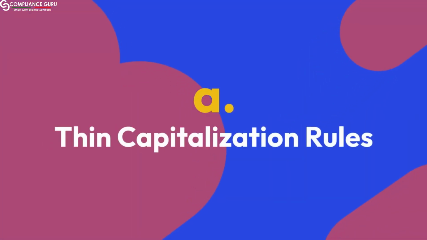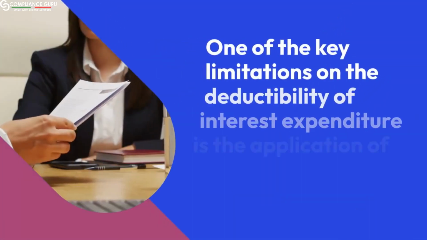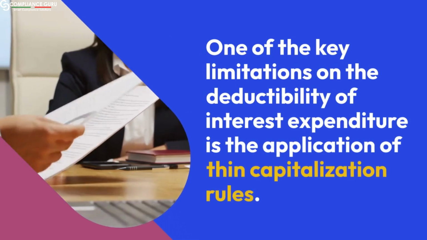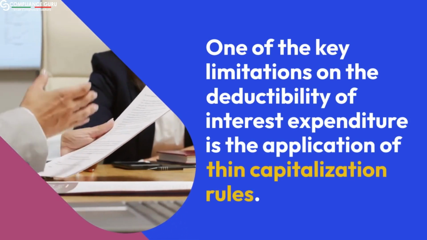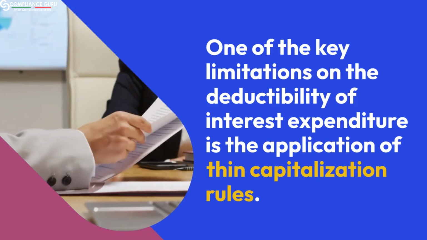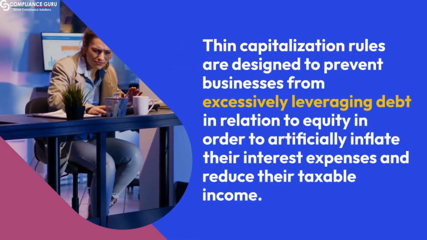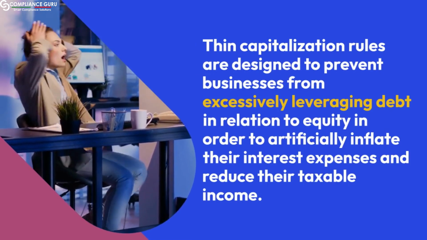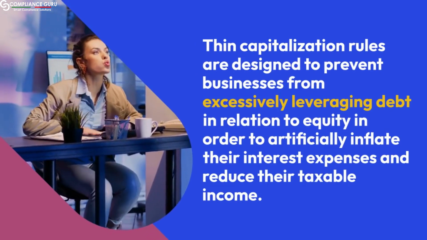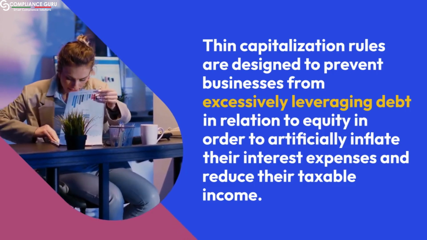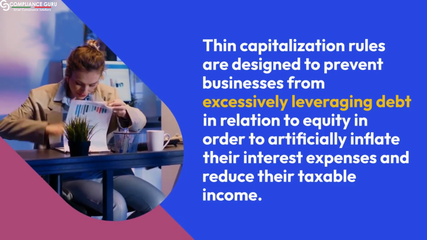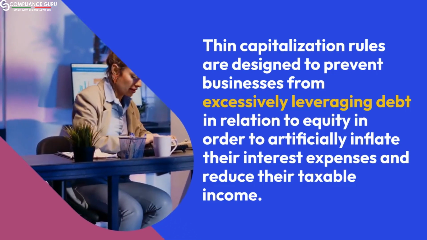A. Thin capitalization rules. One of the key limitations on the deductibility of interest expenditure is the application of thin capitalization rules. Thin capitalization rules are designed to prevent businesses from excessively leveraging debt in relation to equity in order to artificially inflate their interest expenses and reduce their taxable income.